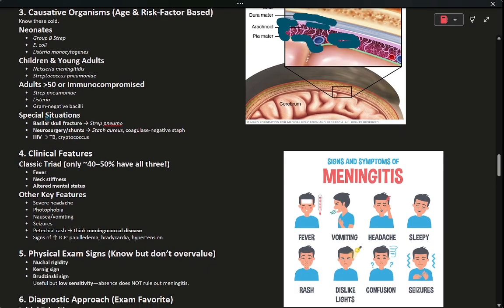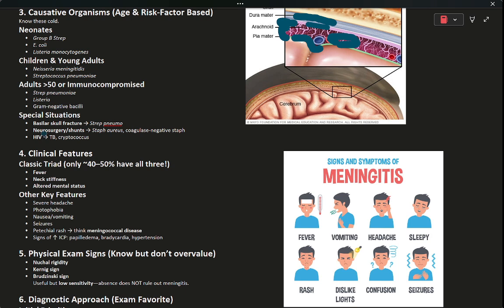And then there are some special situations where meningitis can occur, or that can enhance susceptibility to infections. If someone has a basilar skull fracture, this can increase susceptibility to Streptococcus pneumoniae infection and thus meningitis.